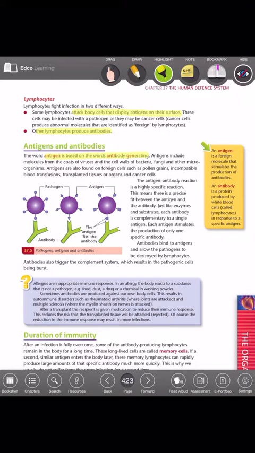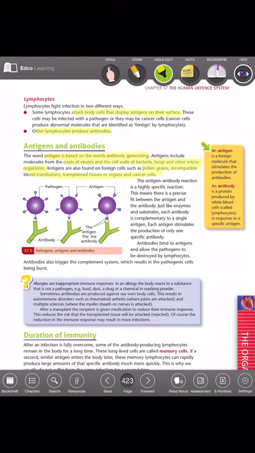And antigens include molecules from the coats of viruses and the cell walls of bacteria, fungi, and other microorganisms. So they're actually coming from those specific molecules themselves. Antigens are also found on foreign cells such as pollen grains, incompatible blood transfusions, transplanted tissues or organ cells, and cancer cells too.